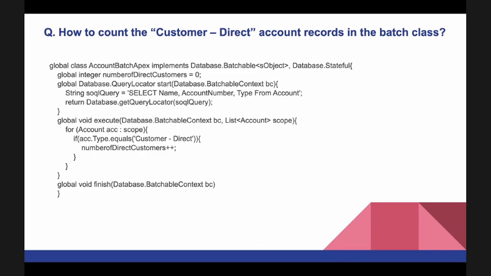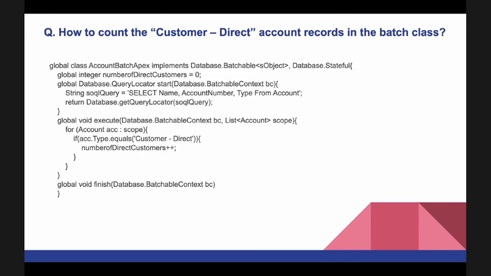So we can simply write the query. If we were not able to express it as a query, then we would have to use Iterable for custom logic. We write the query here and return it, and once we return the query, we pass it to the execute method. In the execute method, we iterate over the accounts and check if the account type equals Customer Direct, then numberOfDirectCustomers plus plus.